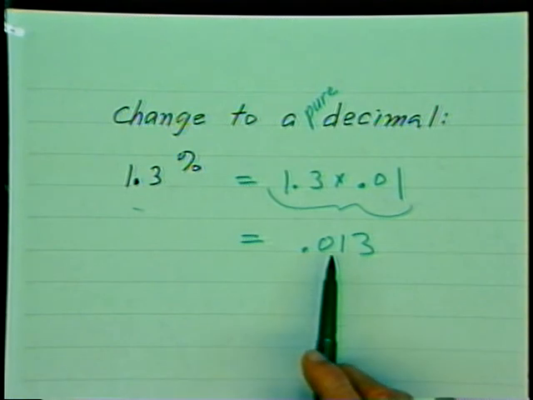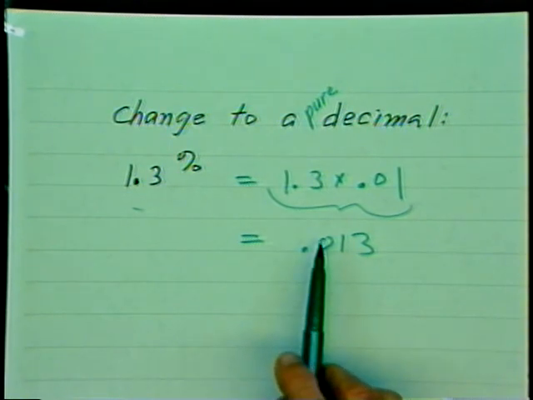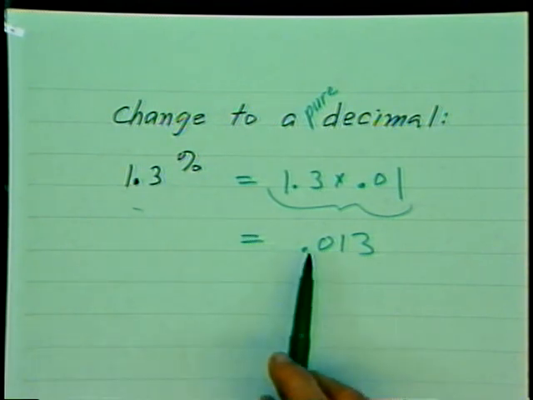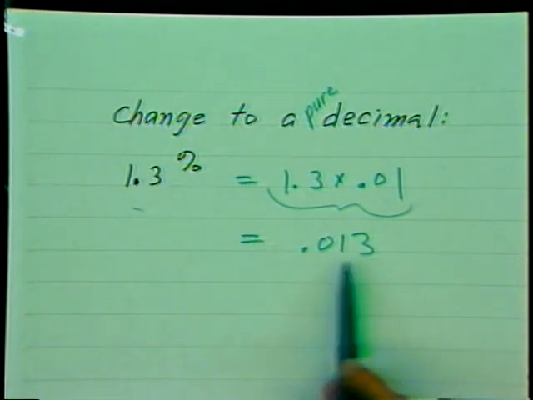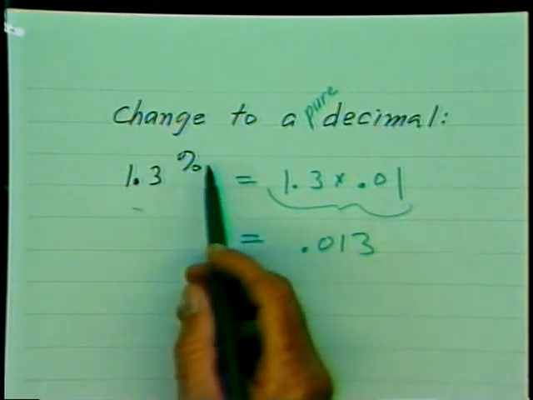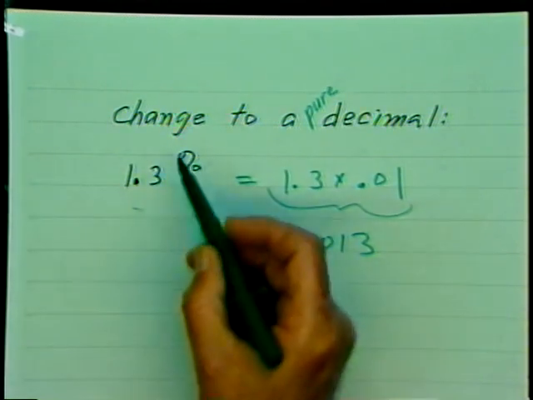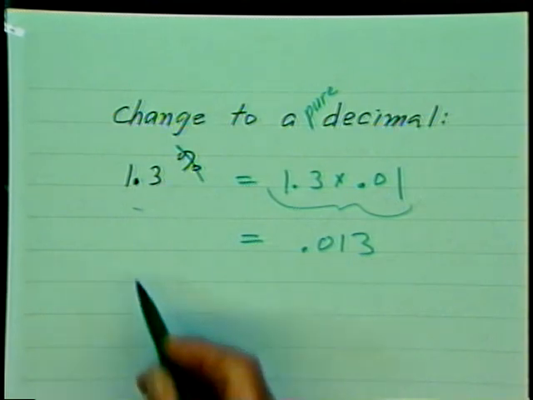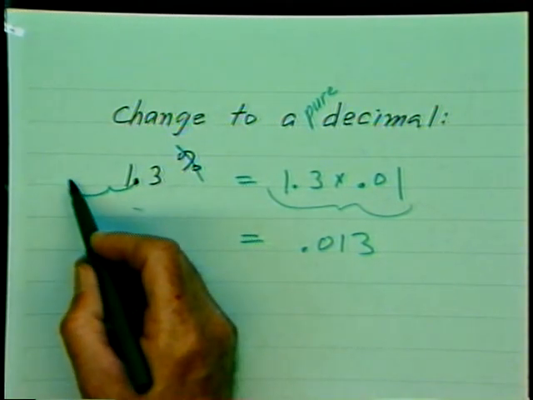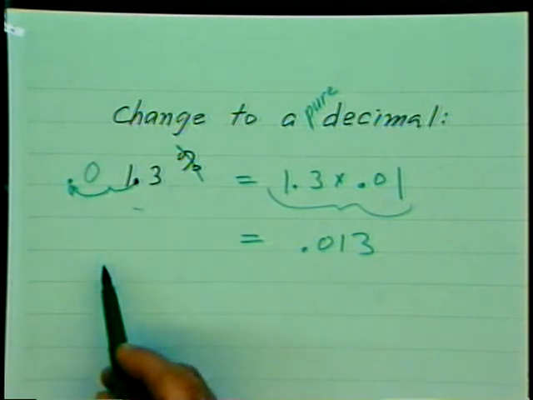And see, this verifies that the shortcut rule we had a lesson ago, or 2 lessons ago, actually is logically firm. It holds water. In this case, the rule was if we want to get away from a percent, we drop the percent and move the decimal point 2 places, inserting placeholder zeros if necessary.